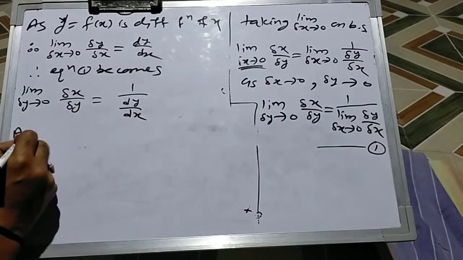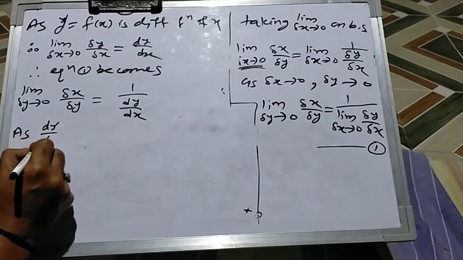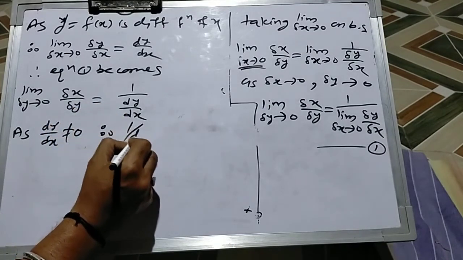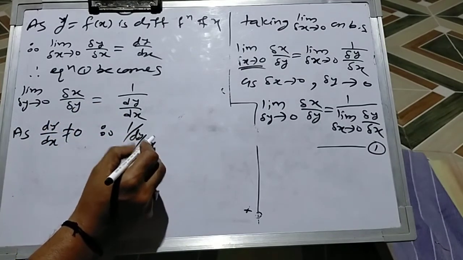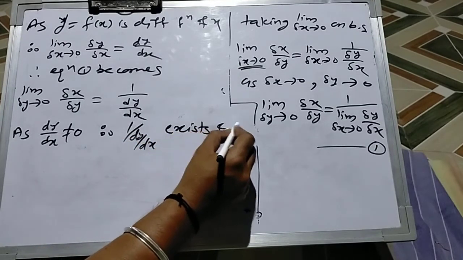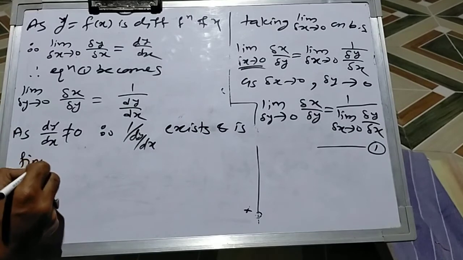As dy by dx is not equal to 0, 1 divided by dy by dx exists and is finite.